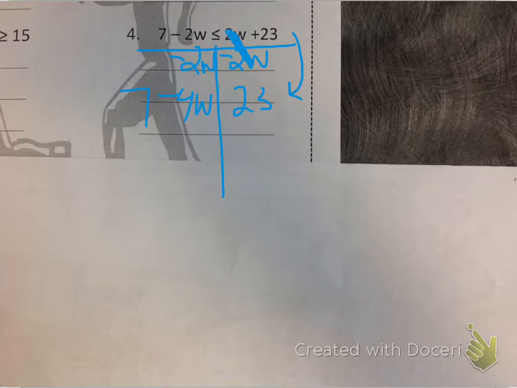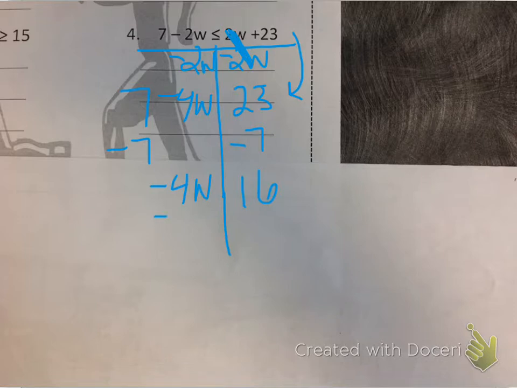Okay. The next thing that we need to get rid of is the 7 from the left side. We're going to subtract 7 from that side and subtract 7 from the right side. So now we have negative 4w, and on the right, 23 minus 7 is 16. Then from the left side, we still have that negative 4.